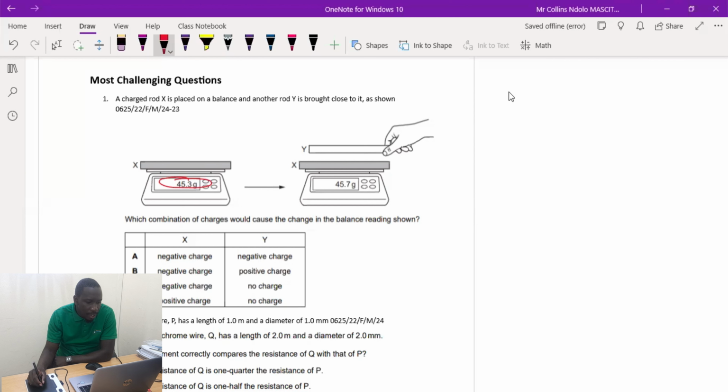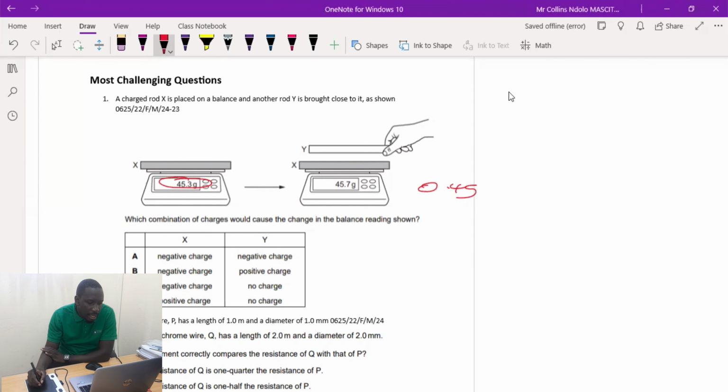When the charged rod Y is placed near rod X, the reading increases to 45.7. That means there's an increase of mass by 0.4 grams. Which combination of charges will cause the change in the balance reading as shown?